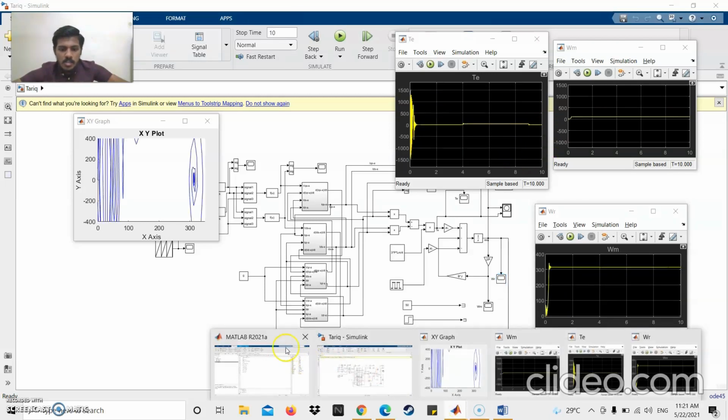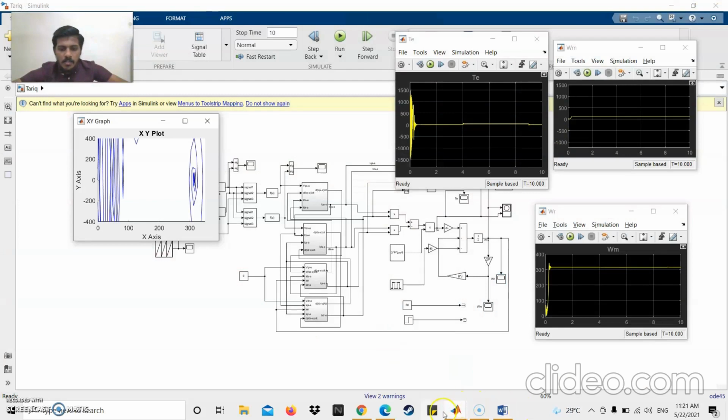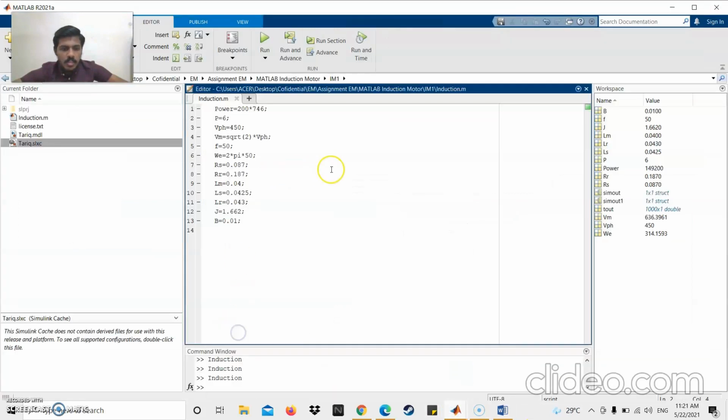So this is because we're using a 0.18 ohm rotor resistance. When the rotor resistor increases, automatically the maximum torque does not increase independently. So it is not related to torque max, which is the pull out torque.